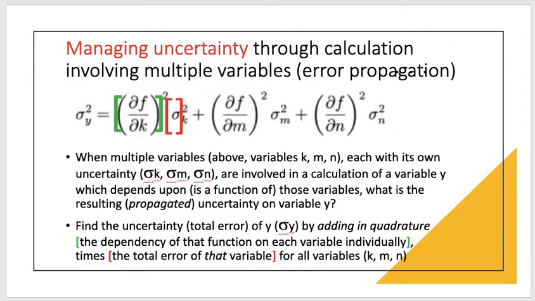And every one of those things that we sum up is a product, and it's a product that makes some sense. It's how dependent is that function on that variable individually, multiplied by how well we know that variable individually. That makes some sense. You can follow the little green and red brackets if it helps you. And this is the formula that we'll follow when we do it.